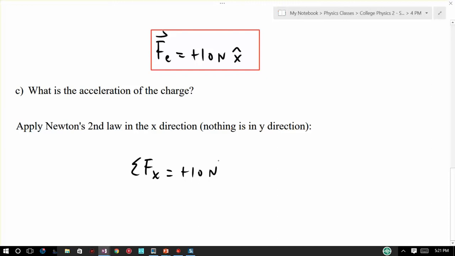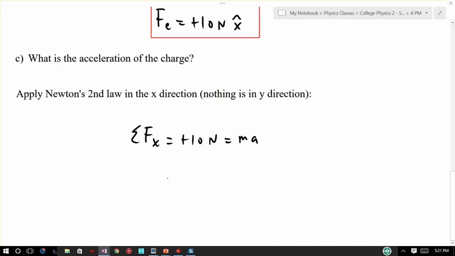So there's only one force that has x component, which is the positive 10 newtons in the positive x direction. So what does that equal to? When you sum the forces, what does it equal? Right, ma. So you could solve that equation for a. So it's technically positive, but anyhow, divided by 0.5 kilograms, so it's positive 20 meters per second squared.